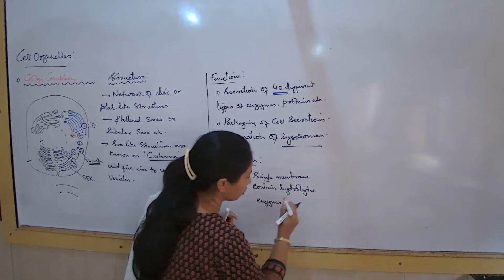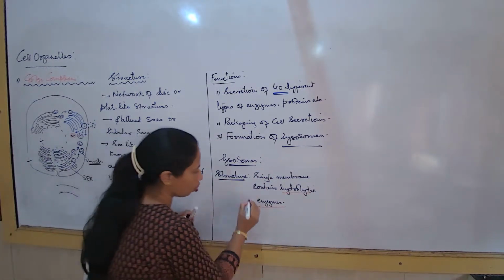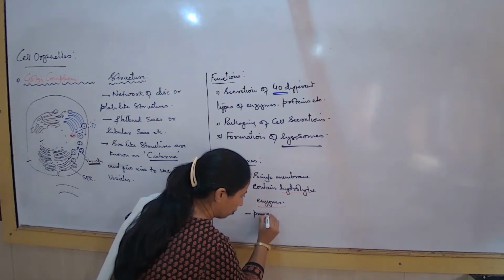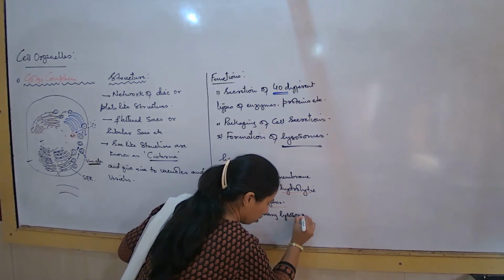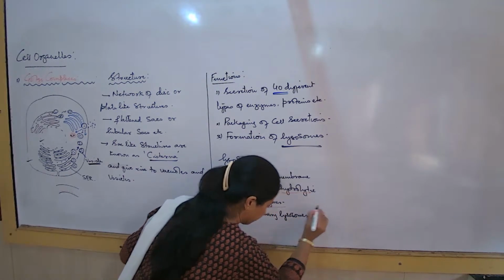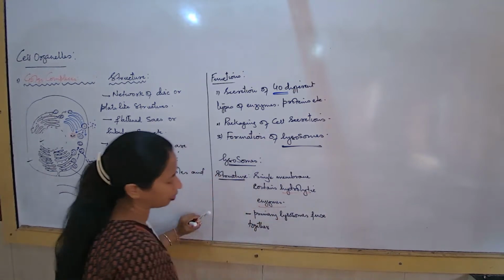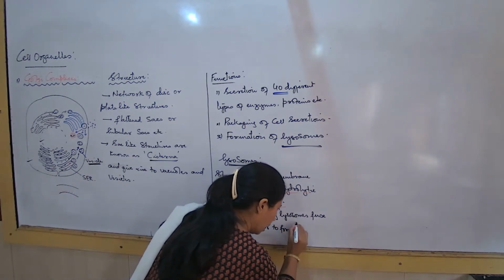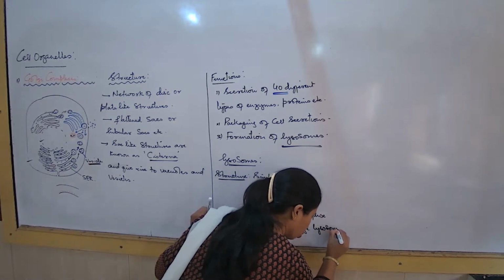Okay, so that is one. And then the small lysosomes, or primary lysosomes, fuse together to form large lysosomes. And what are those large lysosomes known as?